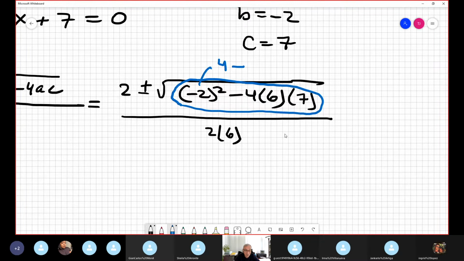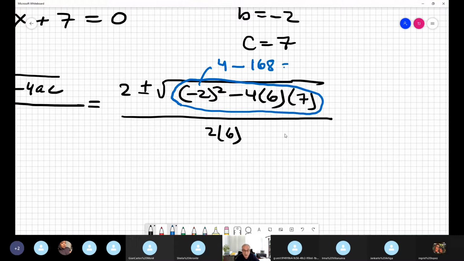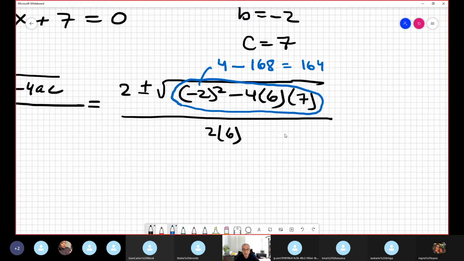This is 24 times 7, 168. And when you subtract 4, well, -164. Now, it's negative. So when you compute the square root of negative 164, this is i times the square root of positive 164. So it's an imaginary number.